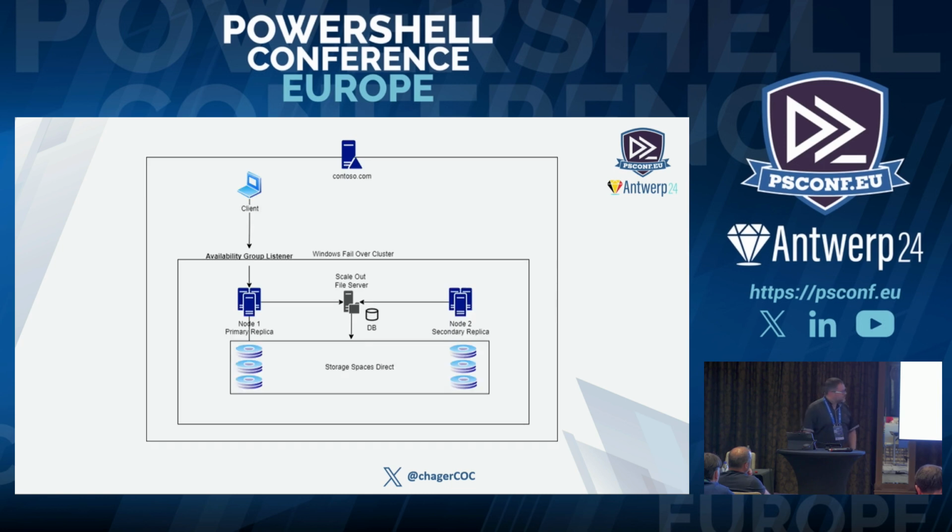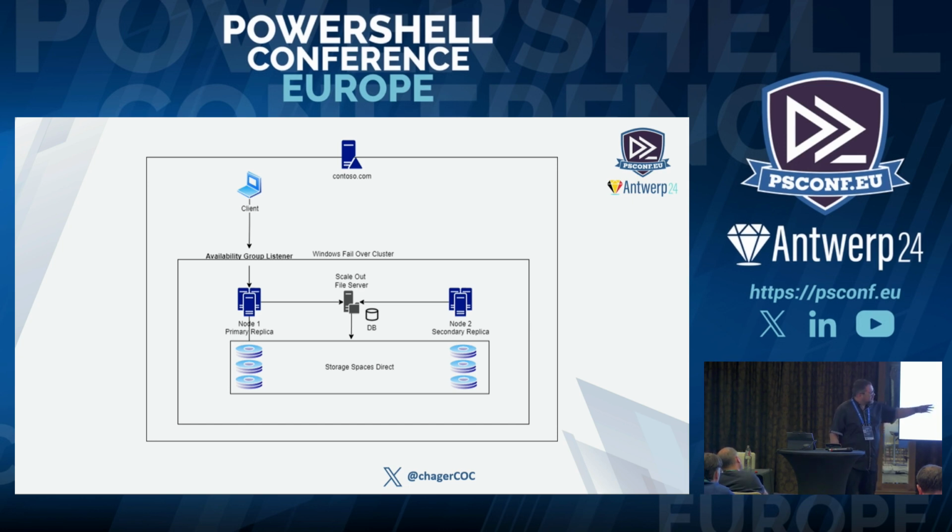So I brought a picture so we have a visual overview of what we are creating. We have the contoso.com domain controller. We have here a failover cluster with 2 nodes, the primary replica and the secondary replica. They have direct attached storage. In my example, they have 3 disks, but in the lab, they have only 2 disks.